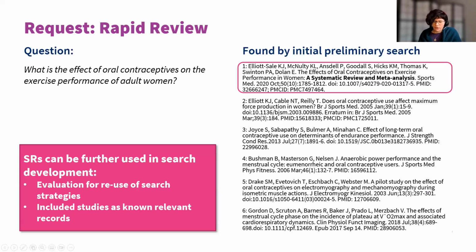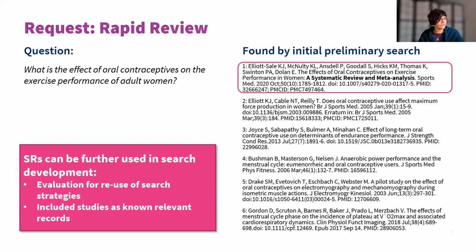And often we find that the systematic review questions might be a bit broader than what we have in our focused clinical questions. So this is the approach we take at our rapid review service most often.